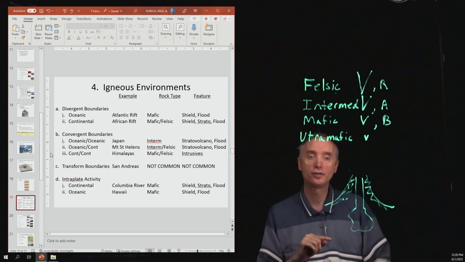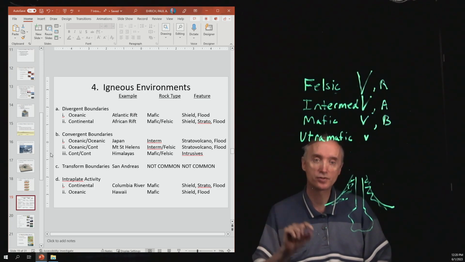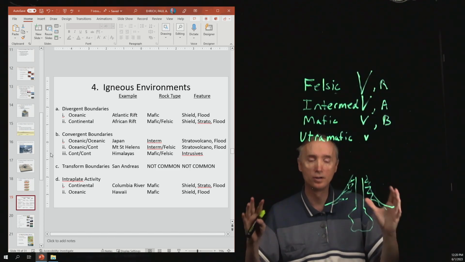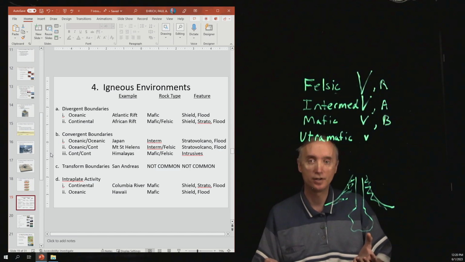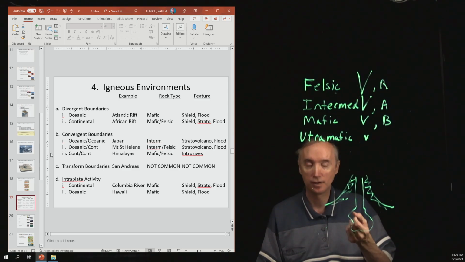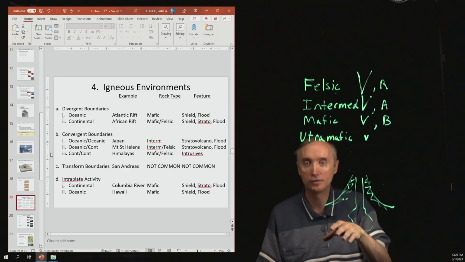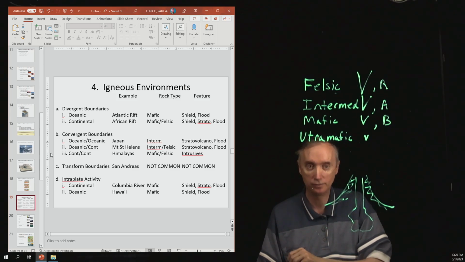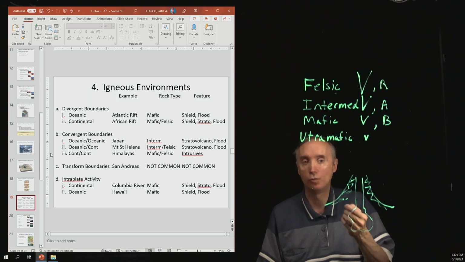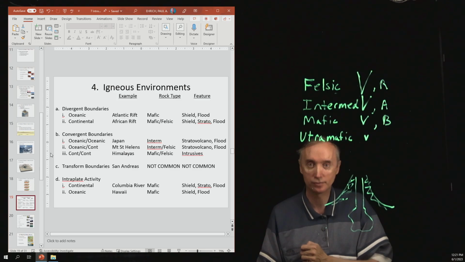So you definitely want to review this chart and understand it, because it's going to tie all of this stuff together. It's going to talk about the plate tectonic features: the divergent boundaries, convergent boundaries, transform boundaries, and intraplate activity. Then it gives an example of where on Earth that kind of activity is taking place.